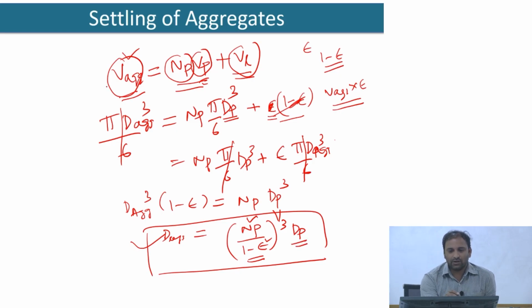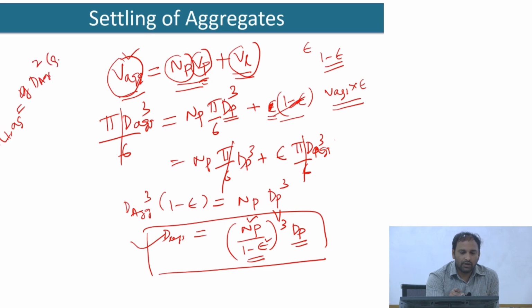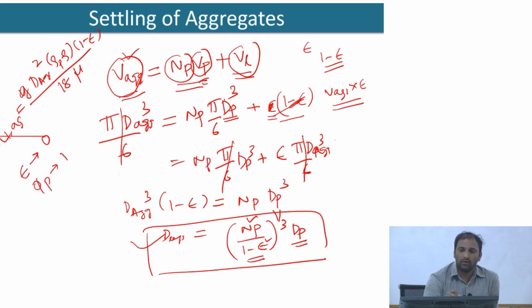Let us think about the limiting case, right. We just said that ut aggregate goes as g d aggregate square into rho p minus rho into 1 minus epsilon divided by 18 mu, right. Now, if I take the limiting case of epsilon going to 0 or your phi p going to 1, what can you say?